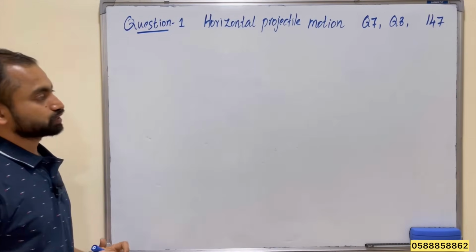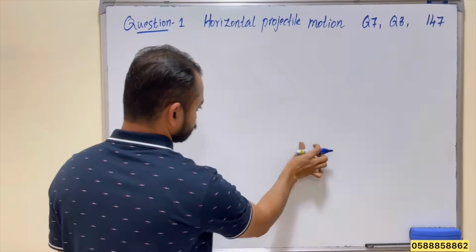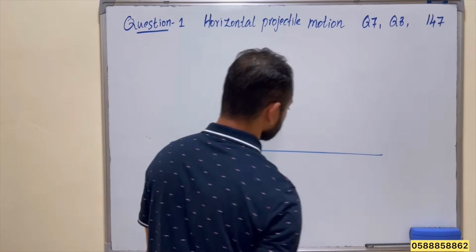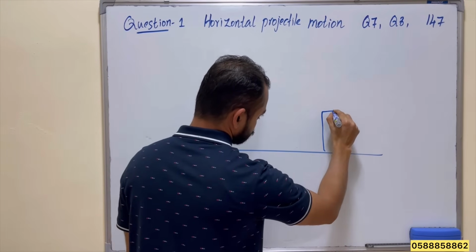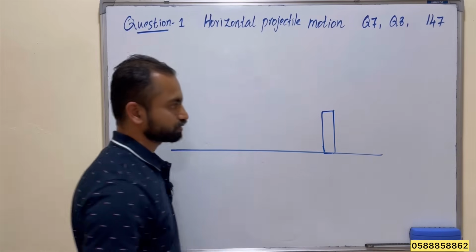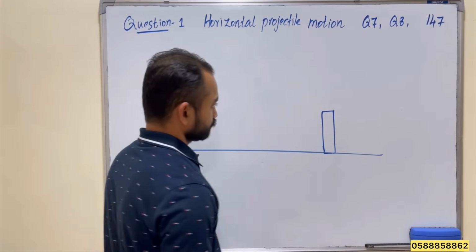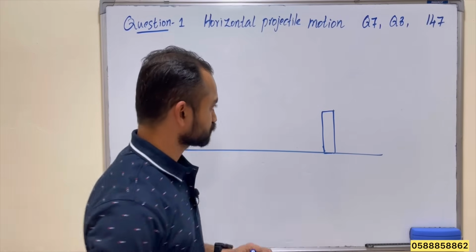So what is question number 7? Question number 7 is, for example, a baseball. Here is the batter, a person with the bat. For example, we can say this is the strike zone.